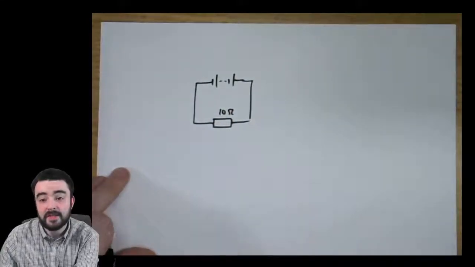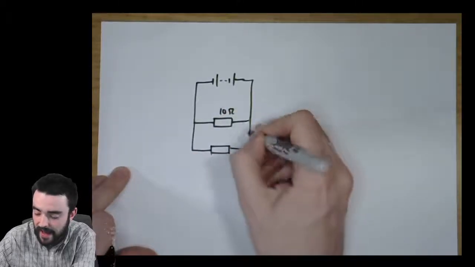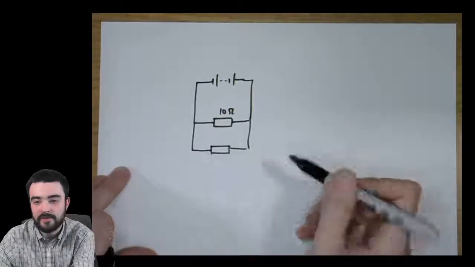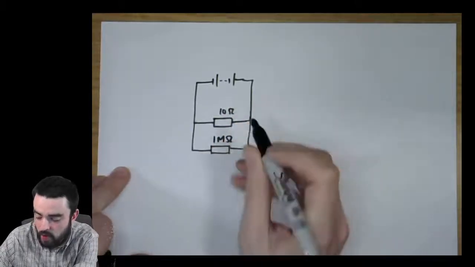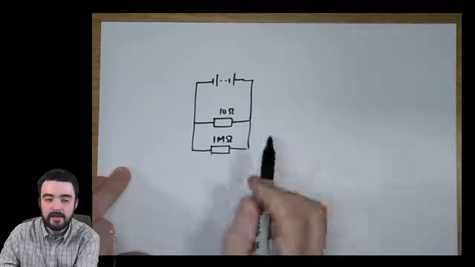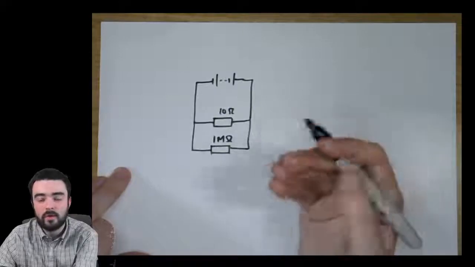The total resistance will decrease no matter how large a resistor you put in parallel. So even if we put a 1 mega ohm resistor in here, so really high resistance, the total resistance will still decrease.